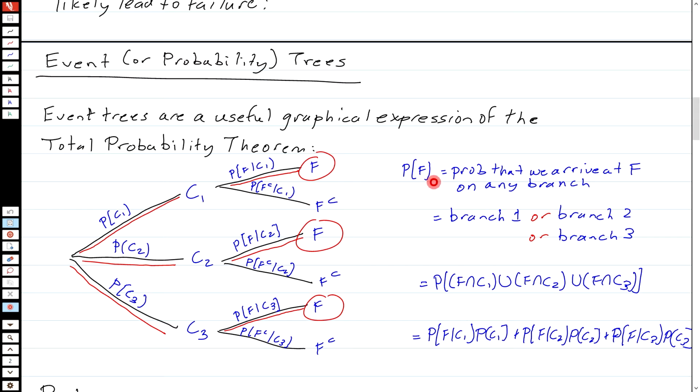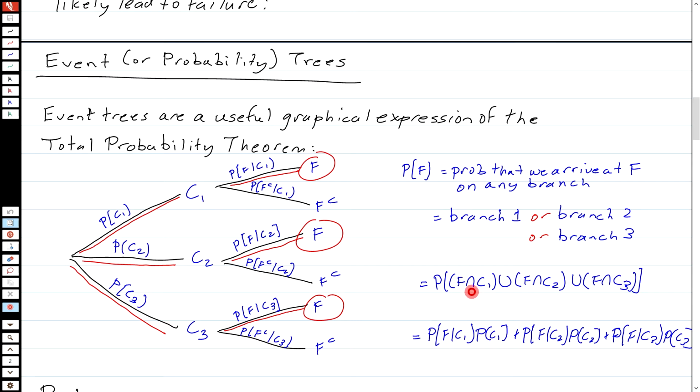Okay? So I'm looking for the probability of failure. It's the probability that I arrive here, or here, or here. And the word or is coming in there. That's a union. And basically, if these branches are disjoint, it's the probability of going this path, or this path, or this path. And it turns out that to compute that probability, I just multiply this probability times this probability, plus this probability times this probability, plus this probability times this probability, and I'm showing it all over here.